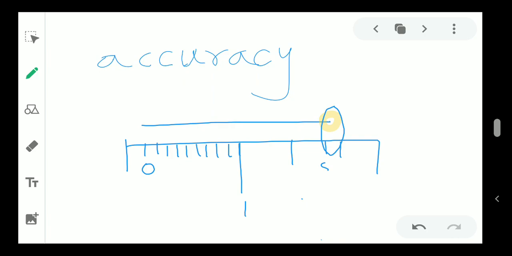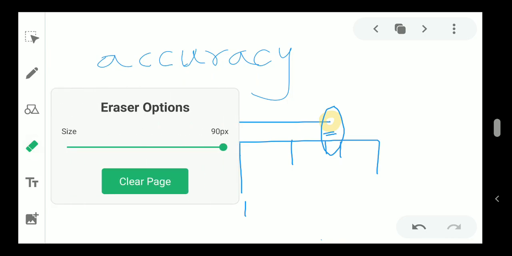So individually, these small things are 1 millimeter. So the smallest thing that you can measure in a ruler is 1 millimeter. Let's say the last point of that needle is in the middle of 2 millimeter lines, so you cannot take the accurate data, right? So that's why we have errors.